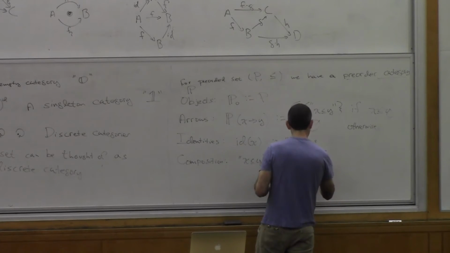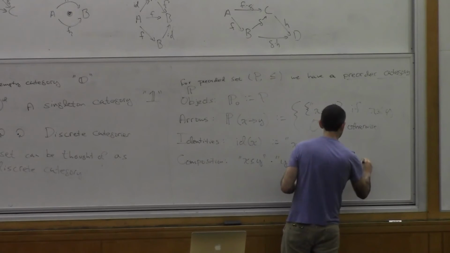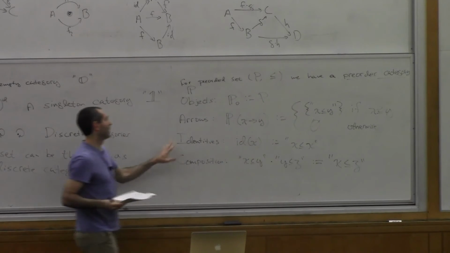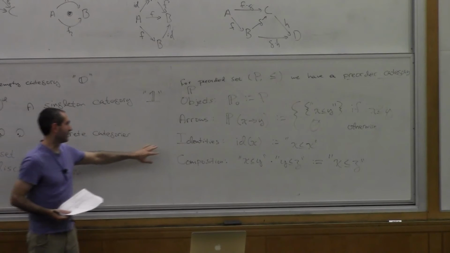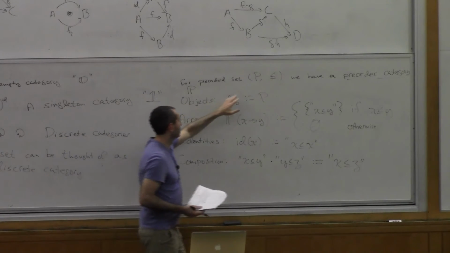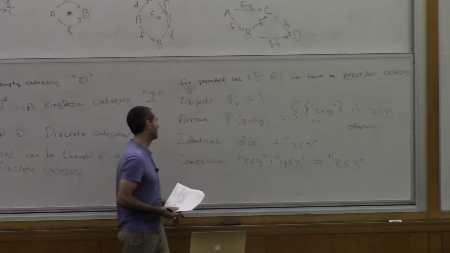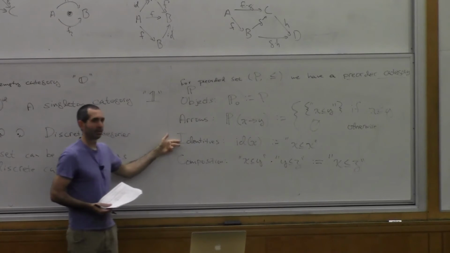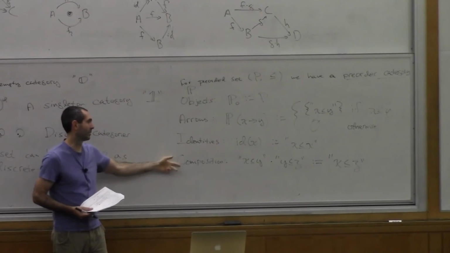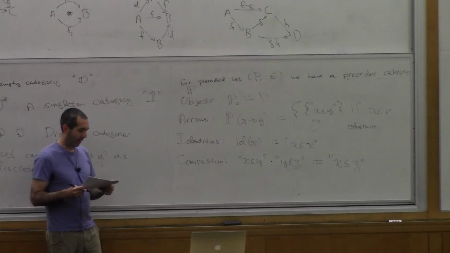Then this is equal to the morphism called x is less than or equal to z. And we know that these hold in the category because the relation of the preordered set has to be reflexive and transitive. So this is just witnessing the reflexivity of the relation, and this is just witnessing the transitivity of the relation.